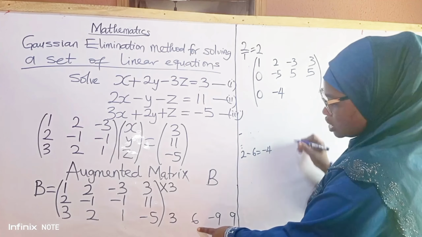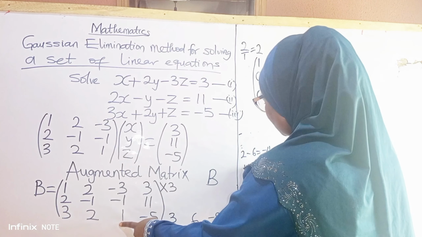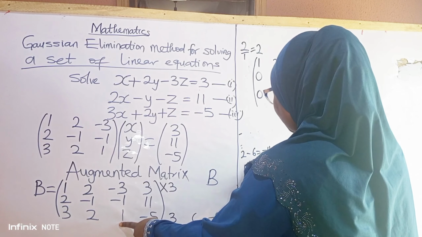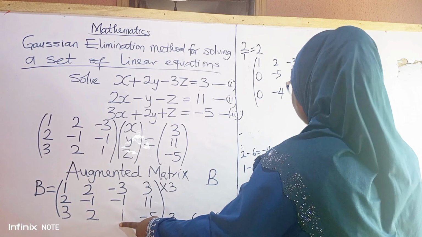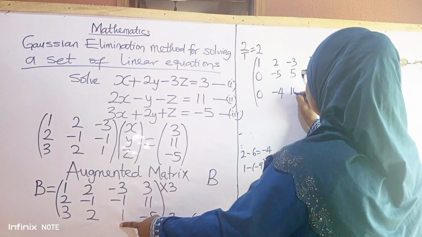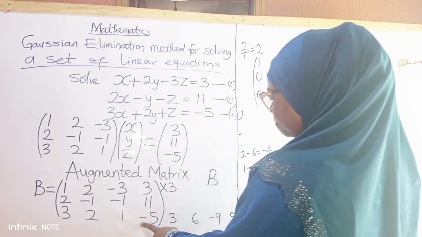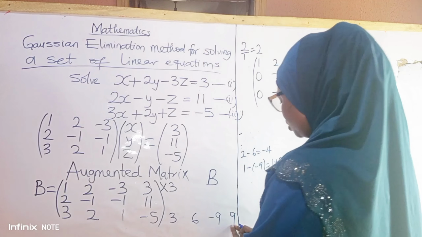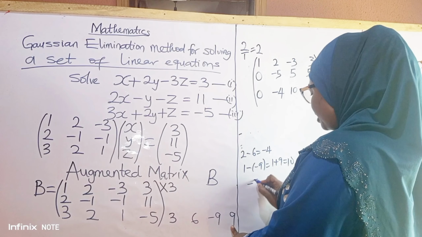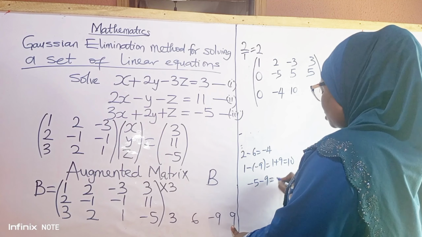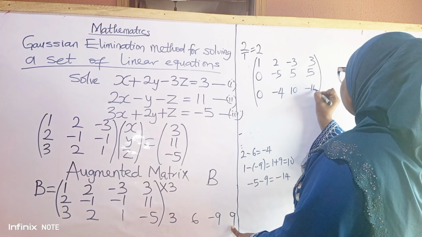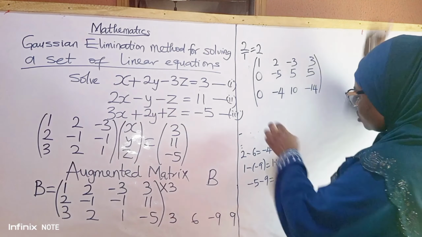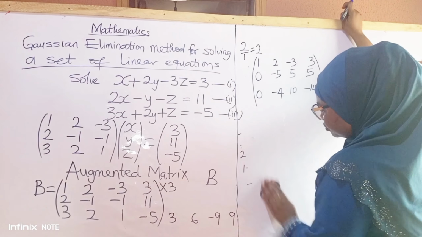Are we together? Now 1 minus 9 is equal to 1 plus 9, and it is 10. So you write 10 here. Minus 5 minus 9 is minus 14. So you write minus 14 here. So we are done with that one.